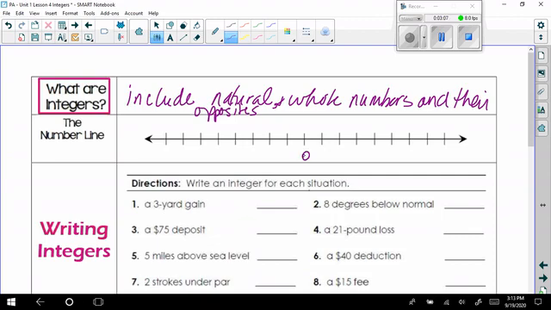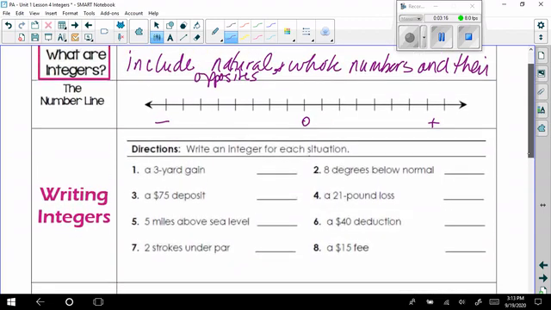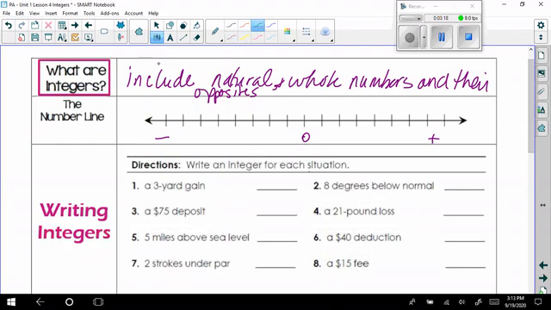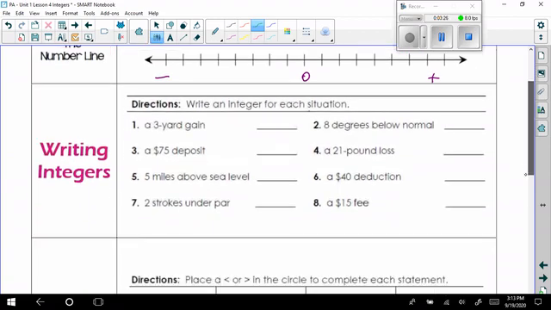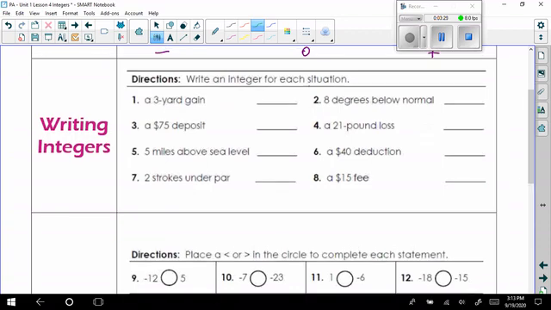So 0 is here. These are your positives. These are your negatives. So it's positive and negative whole numbers. If you'd rather write that, positive and negative whole numbers, you can write that as well. So the next part here is writing integers, like thinking of it in positives or negatives.